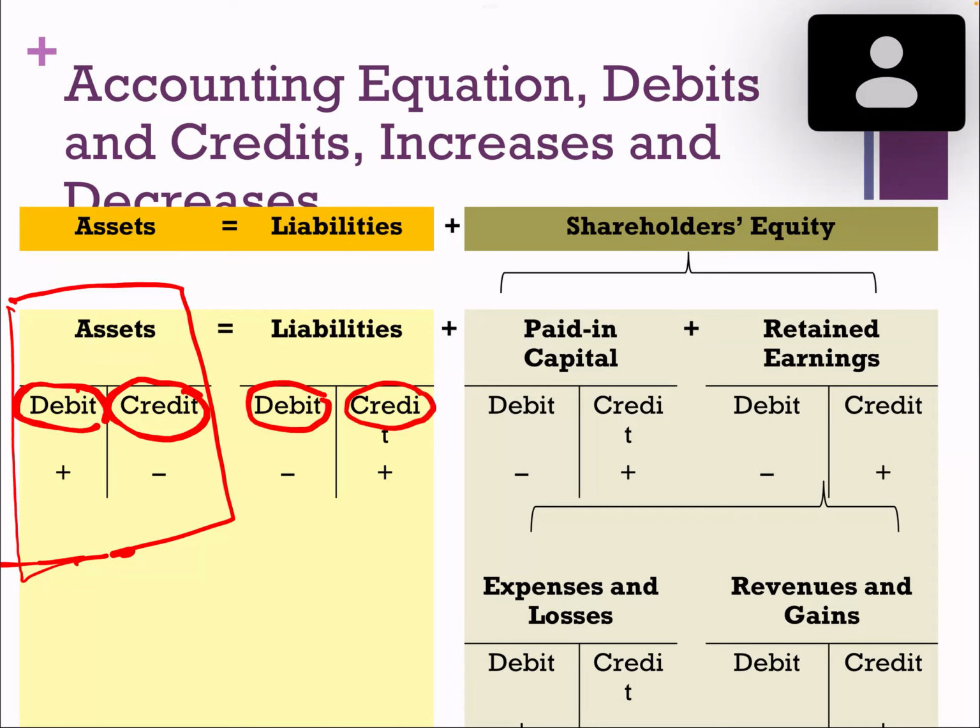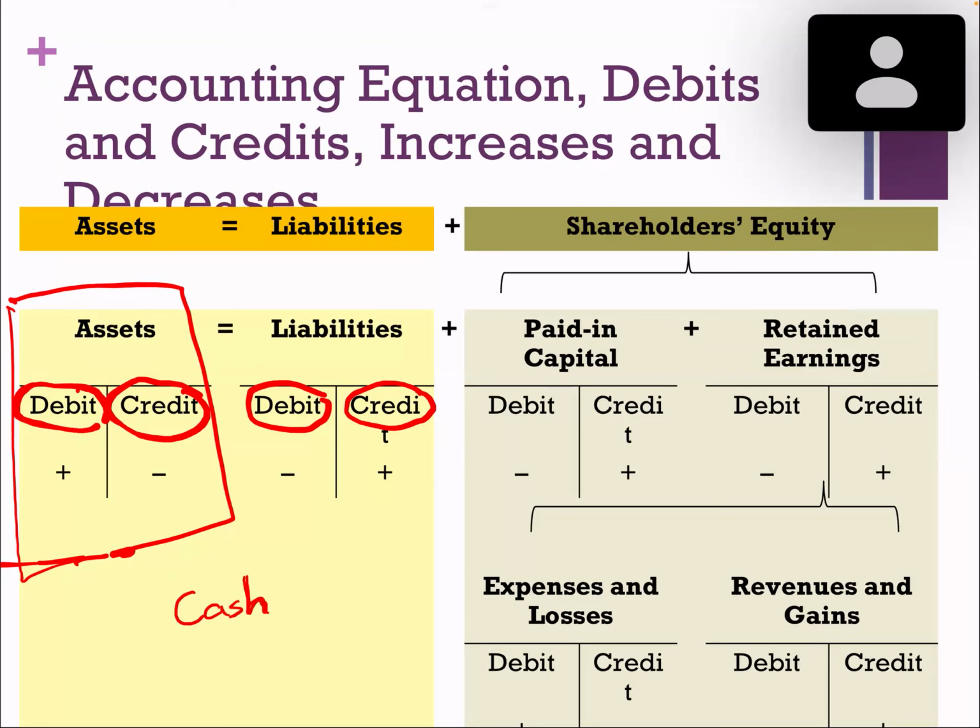A journal entry is a way to record a transaction, and we always have at least one debit and at least one credit. Just imagine we received cash, so you would debit cash, and you'll see how it's on the left.